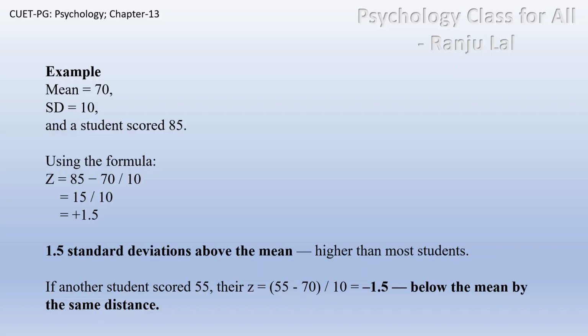Here plus 1.5 standard deviation says that student's score is 1.5 standard deviations above the mean, higher than the most students. If another student scored 55, then the result would be minus 1.5, that says below the mean by the same distance.